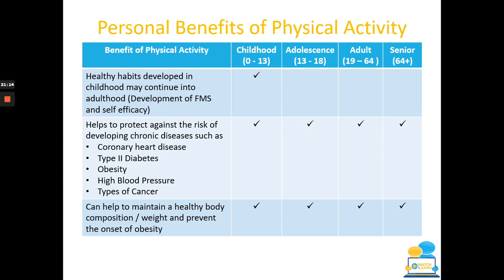And the evidence for this is that the development of fundamental movement skills or fine motor skills and self-efficacy can provide us with healthy habits that continue into adulthood. So if we have better fundamental movement skills and higher levels of self-efficacy, or confidence in our own ability, we're more likely to continue to be physically active into adulthood.